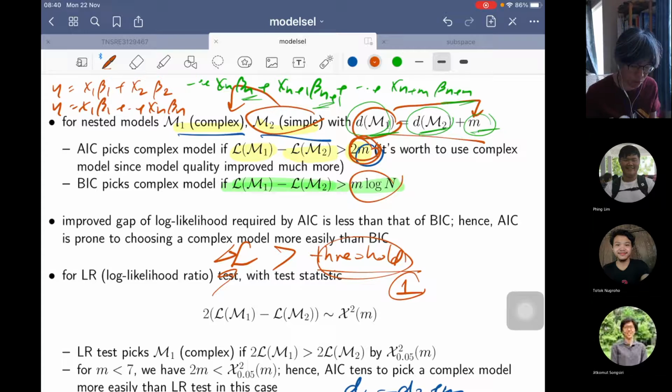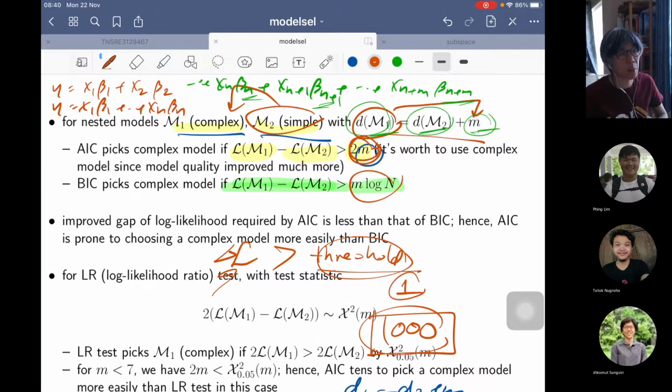In another scenario, if the threshold is 1000, the complex model must improve the model quality by this big threshold, by 1000.